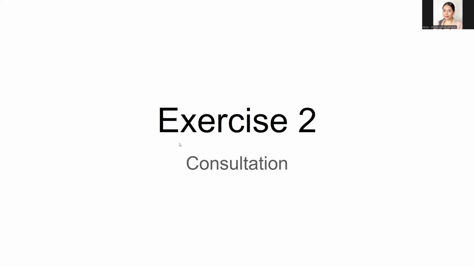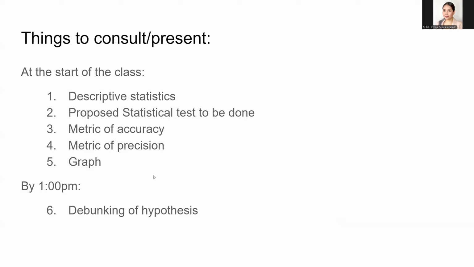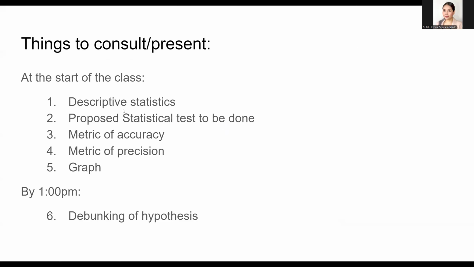Okay? So now we'll move forward to our main activity for today, which is exercise 2 consultation. So at this point, these are the things that I need each group to show me. This is how we'll do the consultation. Each group will be asked to present one item first.